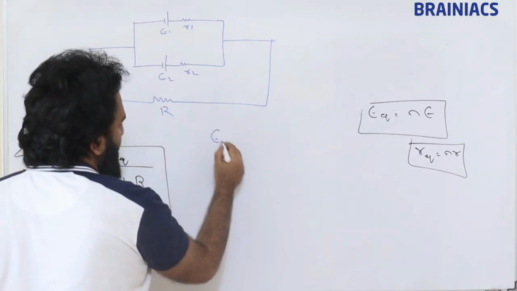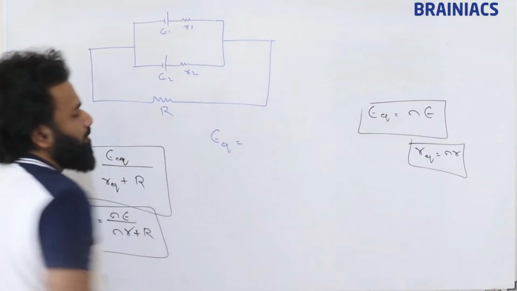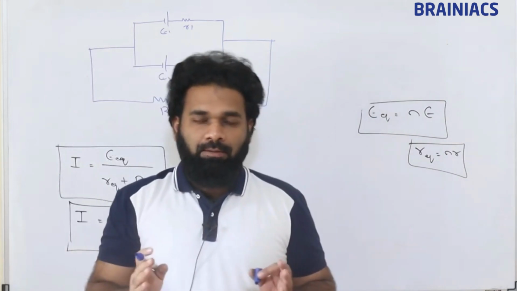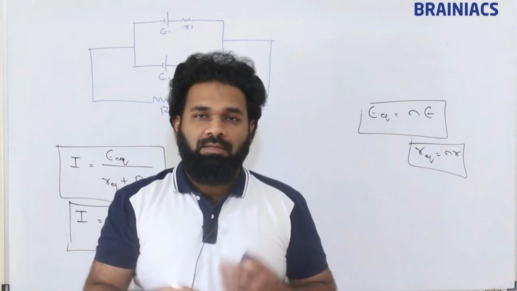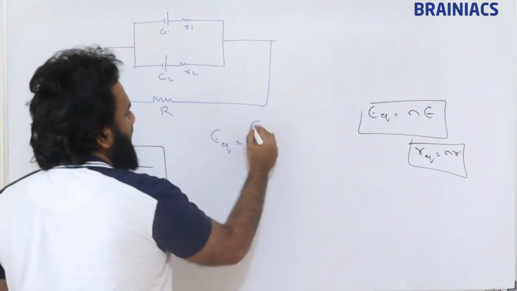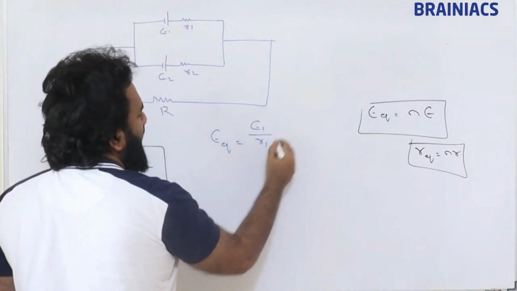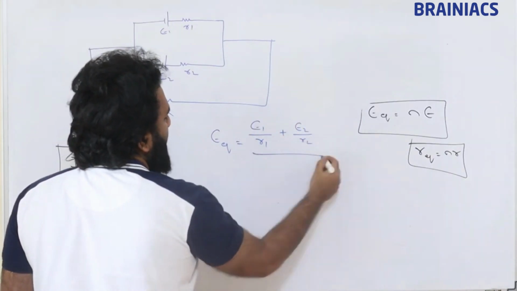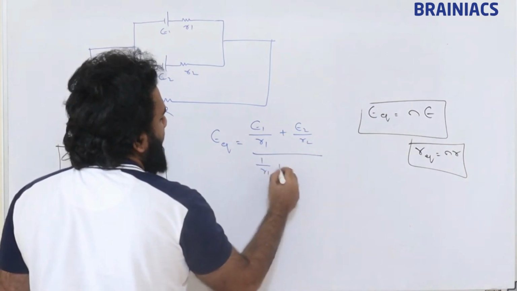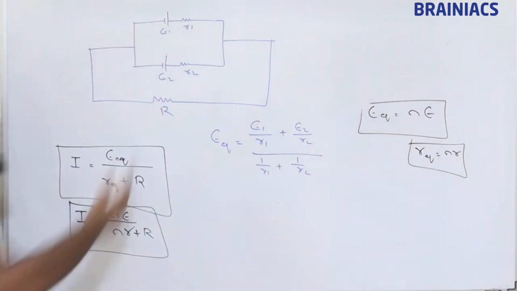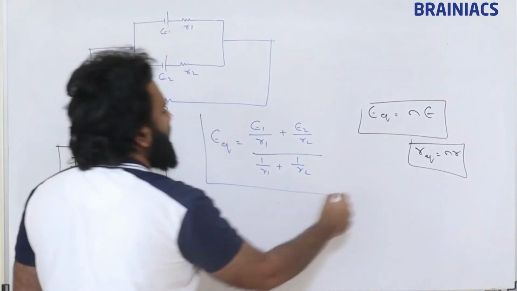So this one we have derived, E equivalent. In parallel combination we won't be able to separate the battery and resistances. So E equivalent is nothing but E1 by R1 plus E2 by R2 divided by 1 by R1 plus 1 by R2. So for 2 cells, this was the combination.